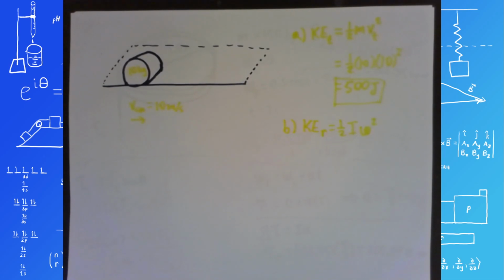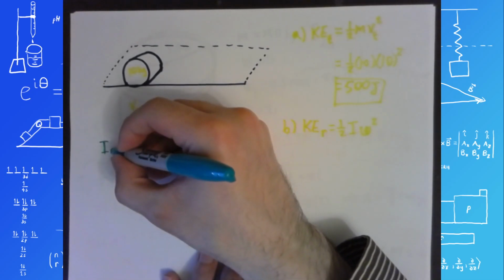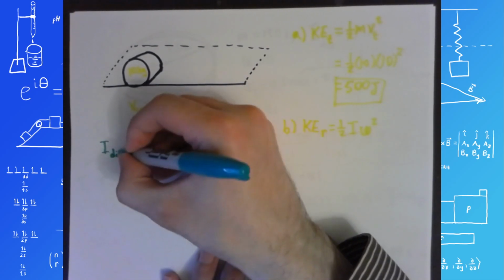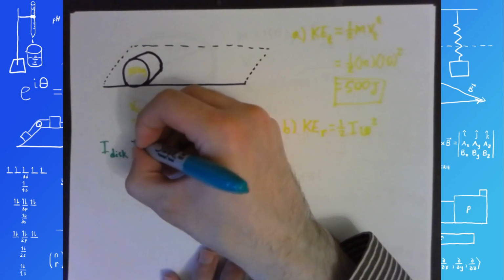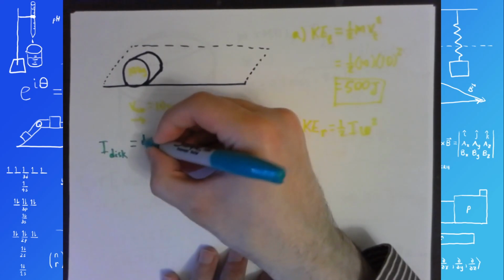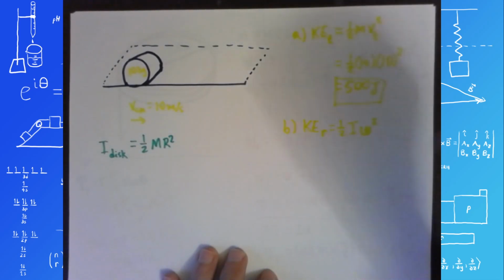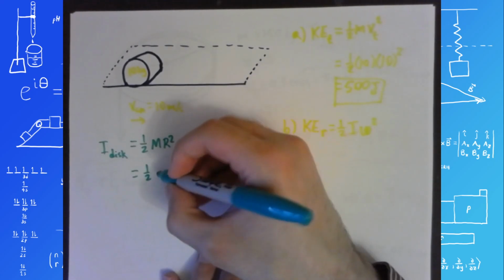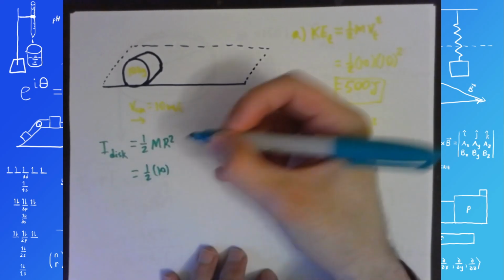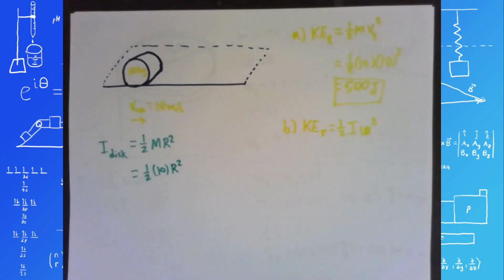It's 1/2 its total mass times its radius squared. So I for a cylinder or disk, a disk is really just a thin cylinder, is 1/2 of its mass times its radius squared. So we're going to do 1/2 times 10 times, well, we don't know the radius, so we'll just keep it as r.